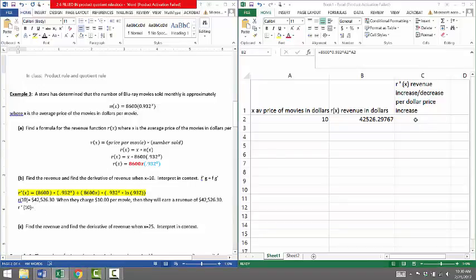So to do this, I can just plug R prime into Excel. I'm going to take that function that I've highlighted in yellow and put it in Excel. And every time we're referencing X, I'm going to reference cell A2.